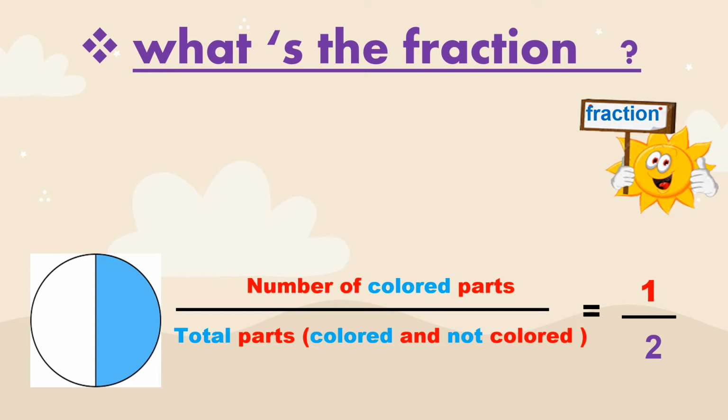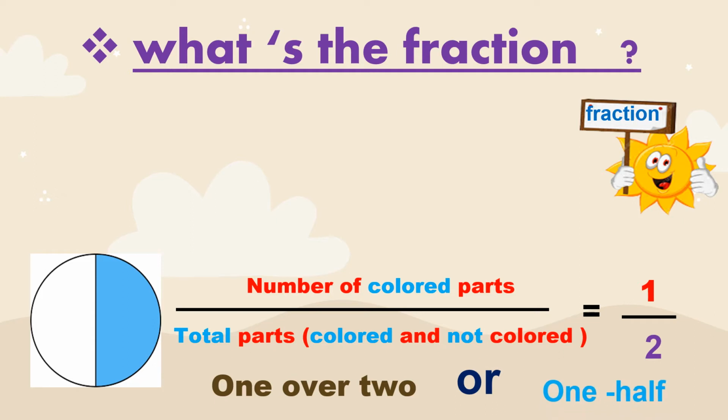How can I read this in the fraction? I can say 1 over 2 or 1/2. So the definition of the fraction is the number of colored parts over the total parts, colored and not colored.